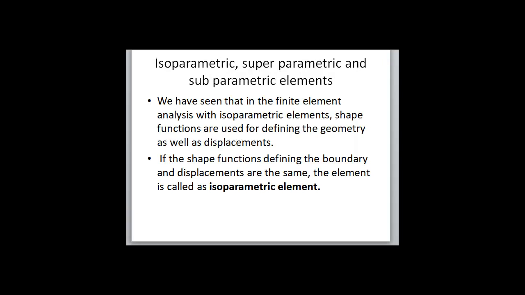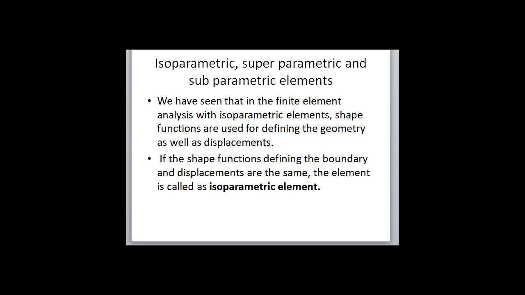Let us see the different classifications of isoparametric elements. The basic element is isoparametric and it is categorized into others. In finite element analysis with isoparametric elements, the shape functions are used for defining geometry as well as displacement.